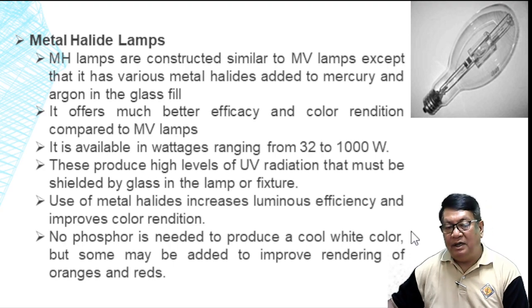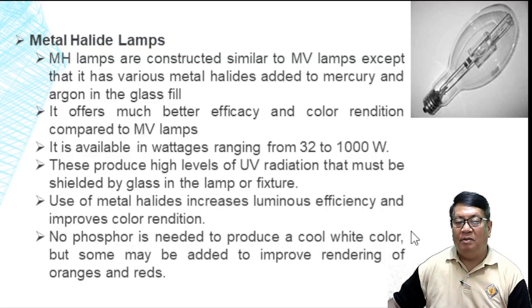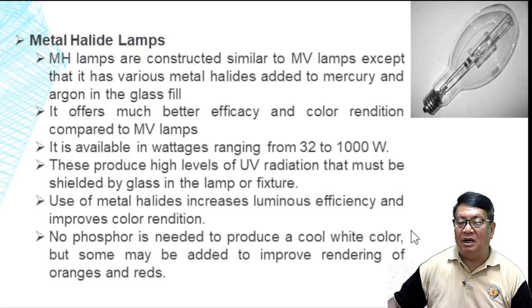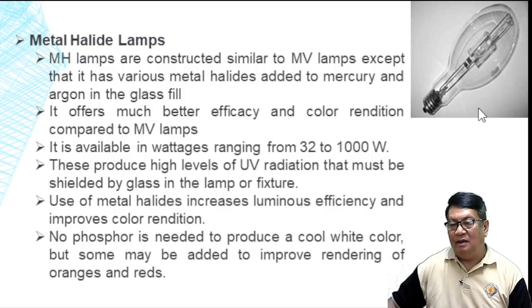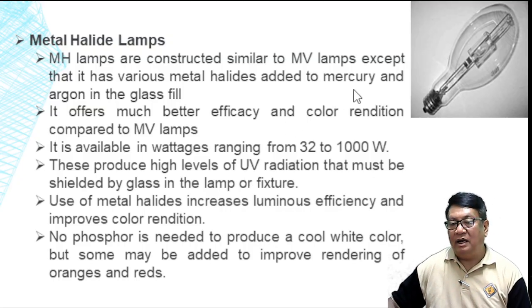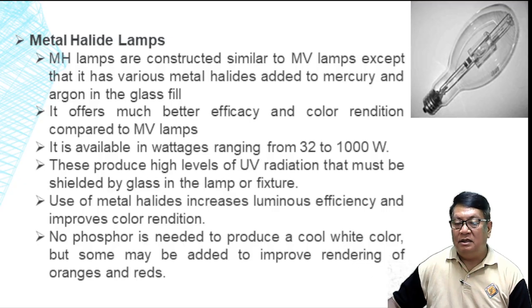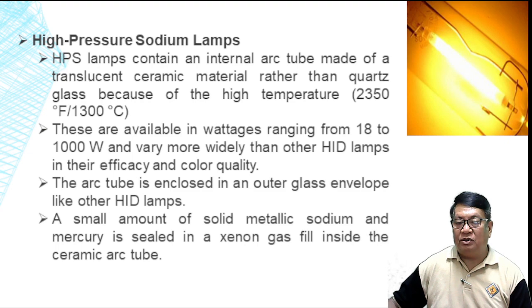Another HID type is the metal halide lamp. Metal halide lamps are constructed similarly to mercury vapor lamps, except that various metal halides are added to the mercury and argon in the glass fill. Then we also have the high pressure sodium lamps.